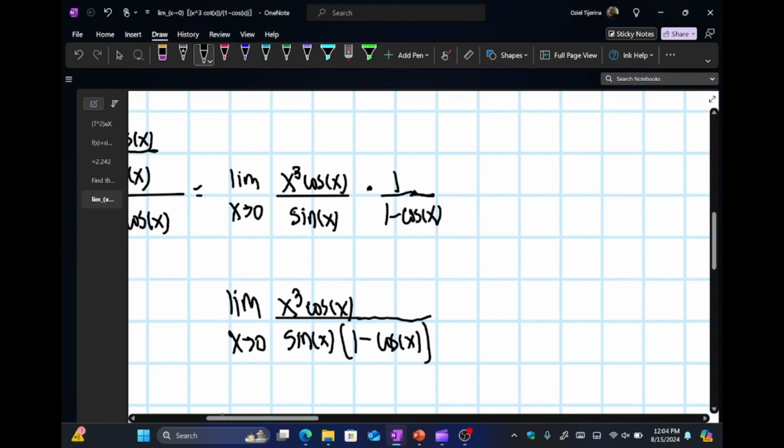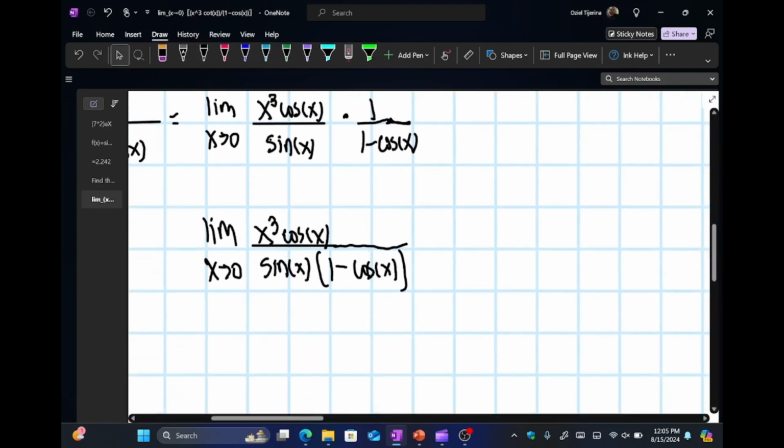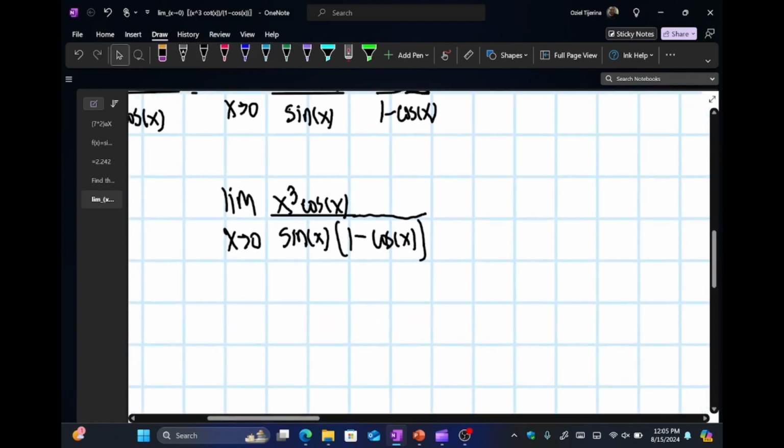Obviously we still don't know what it is, because we still have an indeterminate form.